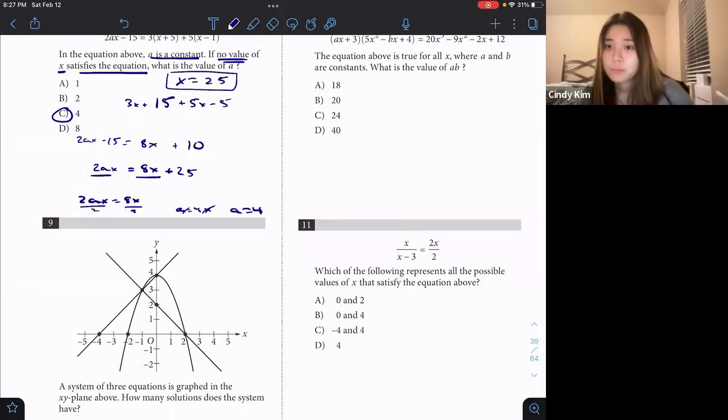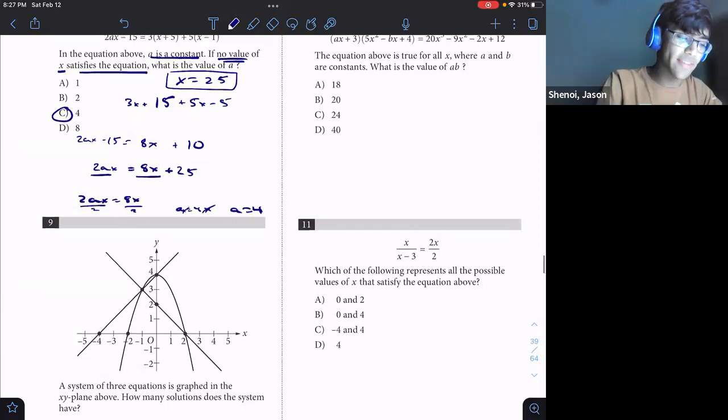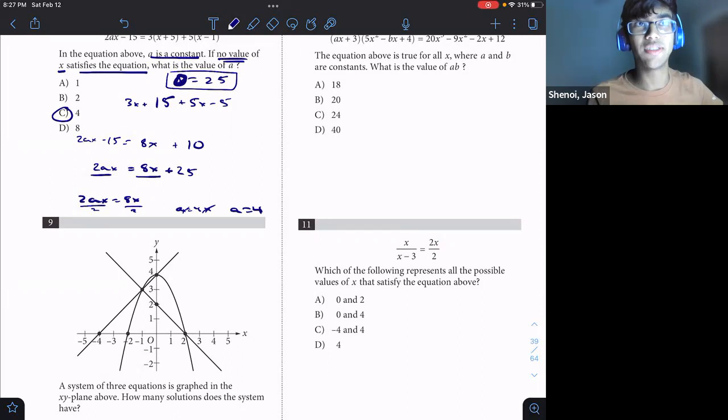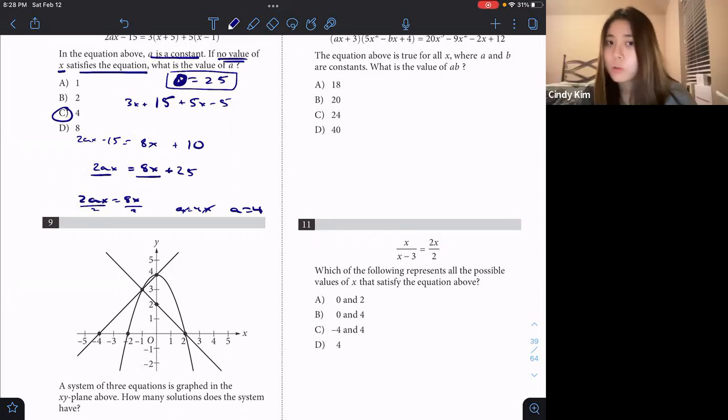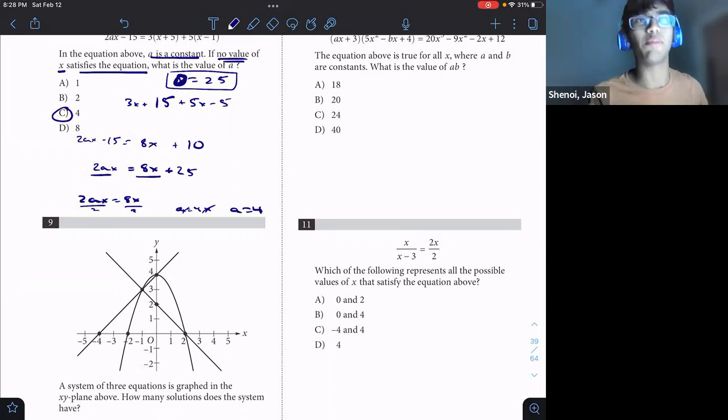We don't want the equation to be solvable, so we have to have 0 equal to 25. Is that possible? Can 0 equal 25? No, that's not possible. That's what that wording means.